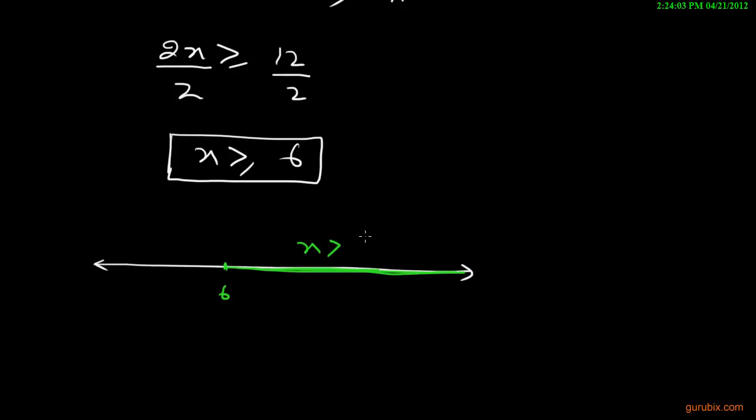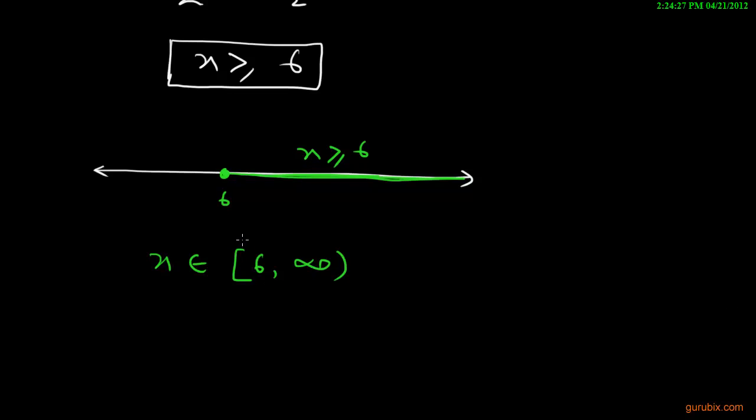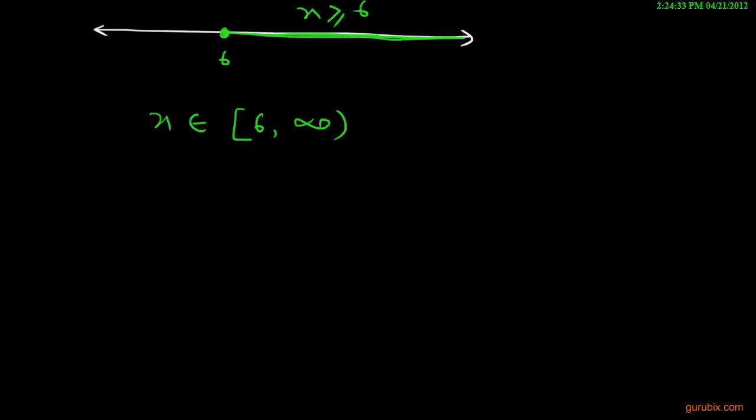So this shows x greater than 6, and because x is also equal to 6, we shall place a closed circle here, and we can write x belongs to 6 and greater values. 6 is included, so we write the square bracket here. And now we shall move to the last part, that is the fourth part.